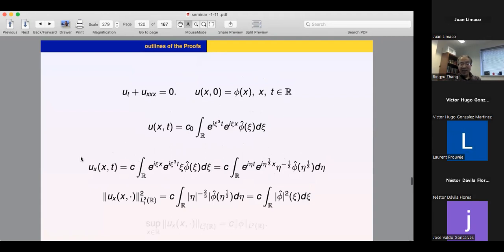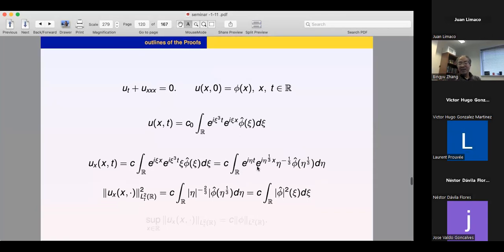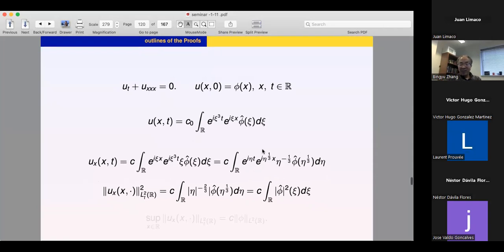As you can see, in fact, this u sub x is the inverse Fourier transform of this part with respect to t. Then take the L2 norm of u sub x. Last time you use Plancherel's theorem, it works. That basically becomes the L2 norm of this part. So I put it here.